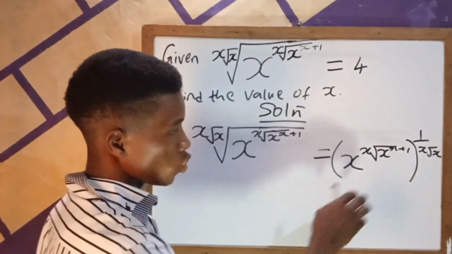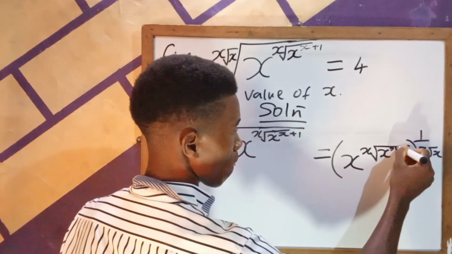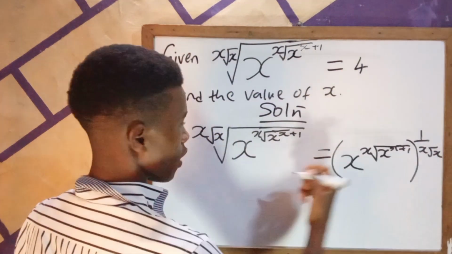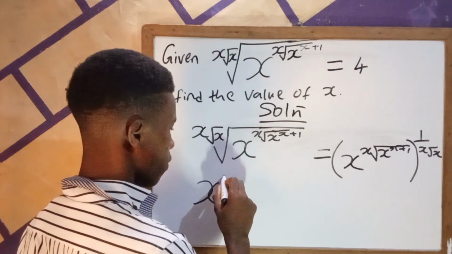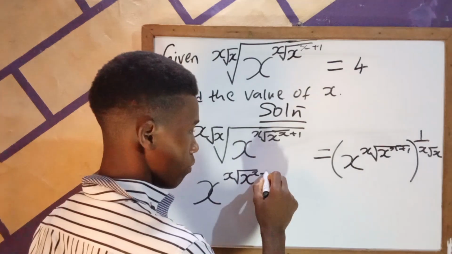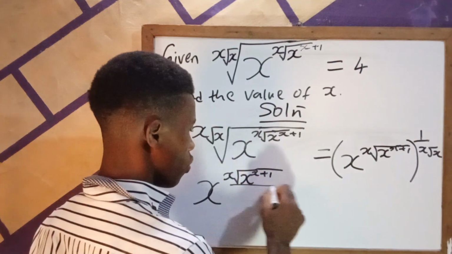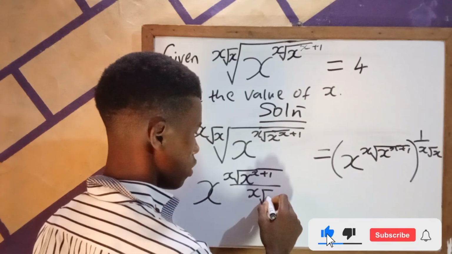We proceed to opening this bracket, and from here when we multiply through, we have x raised to power x times x plus 1, all over x root x.